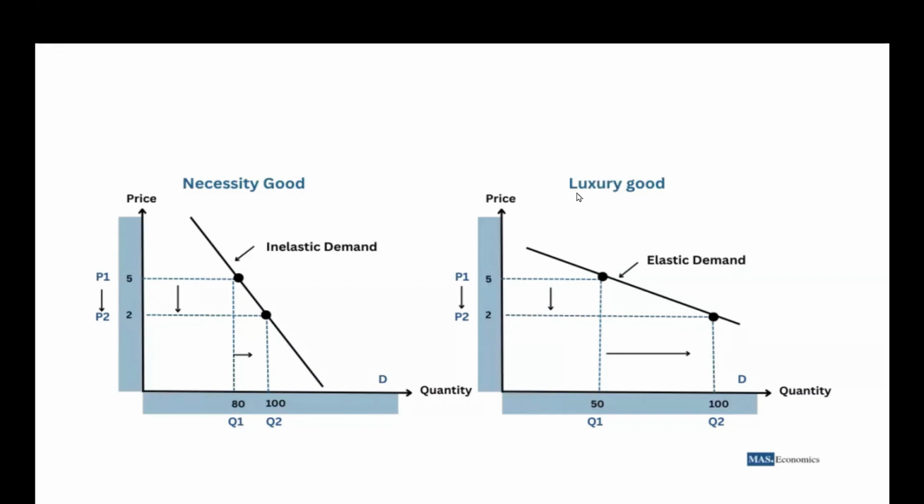For a different product, for the same amount of price change from 2 to 5, the change in quantity sold is huge. For the same amount of change, $3, the change in quantity sold here is only 20, but here it's about 50.